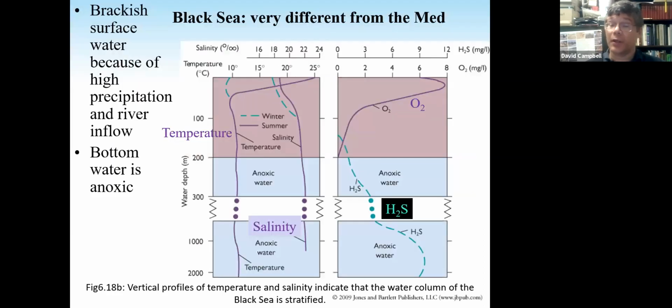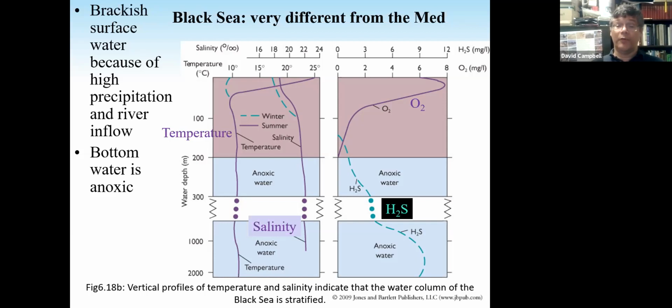Very different pattern is found in the Black Sea. The Black Sea actually connects to the Mediterranean, but it is further north. Instead of having the Sahara Desert along one of the shores, the Black Sea has primarily cool, moist areas of Eastern Europe around it, and a little bit of Asia there.